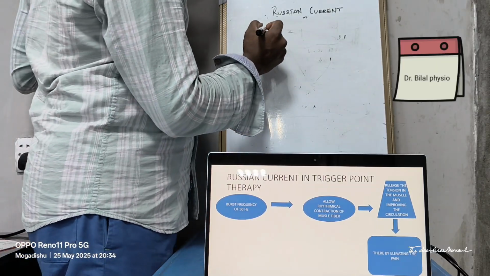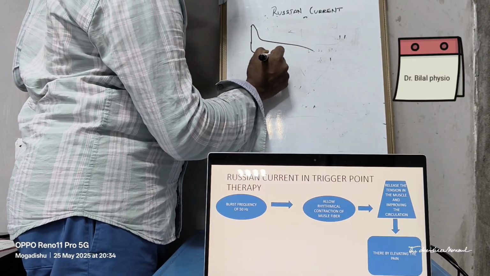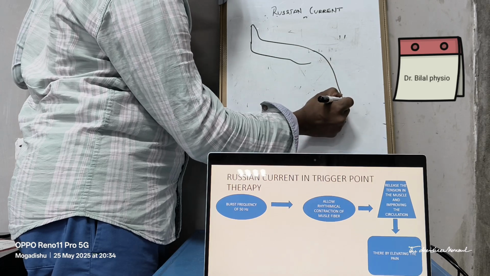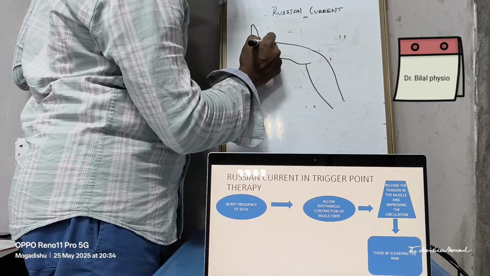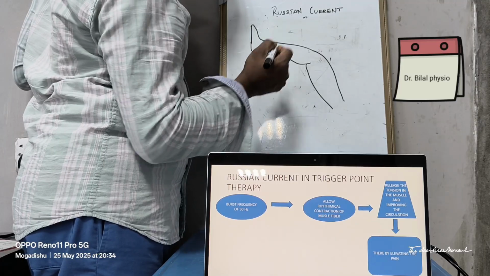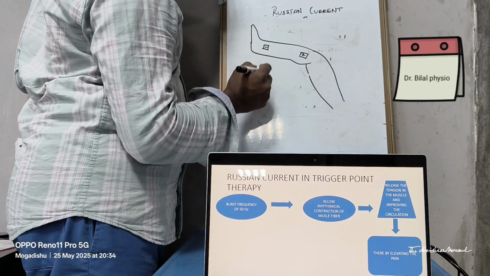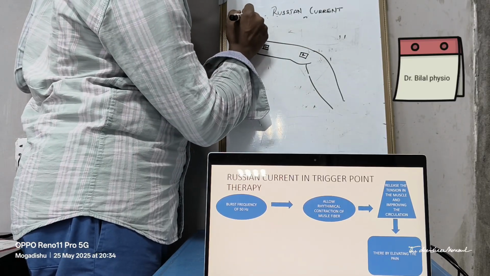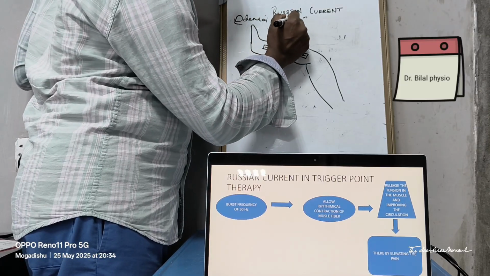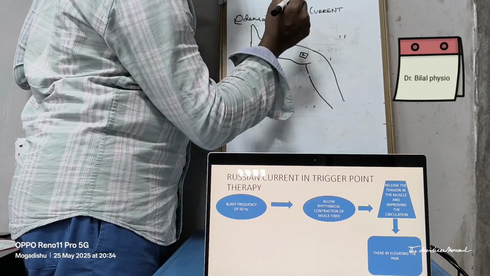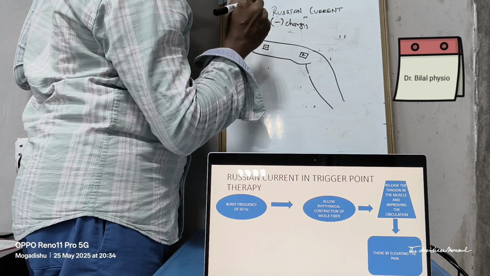In case of edema, suppose you have edema in the ankle, we have to place the negative electrode over the edema region and the positive electrode somewhere distal to the edema region, as the edema, or the water, contains mostly negative charges.